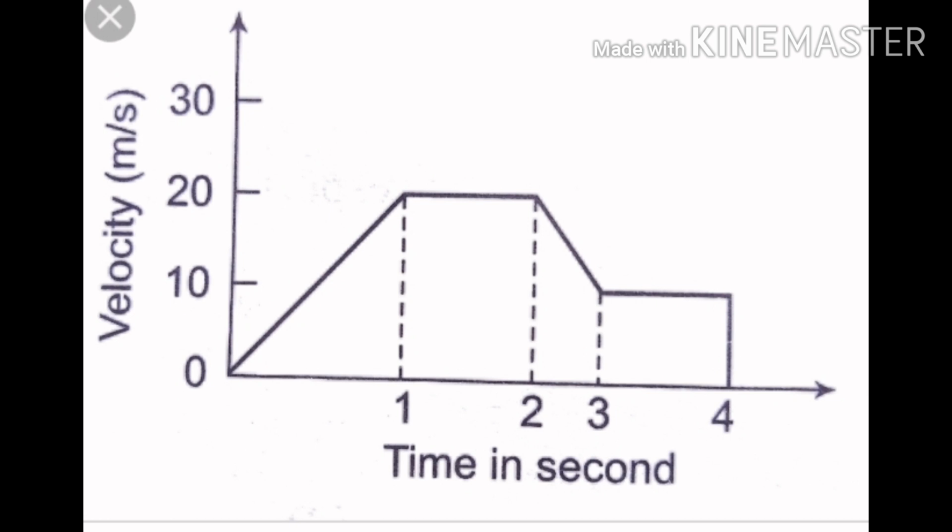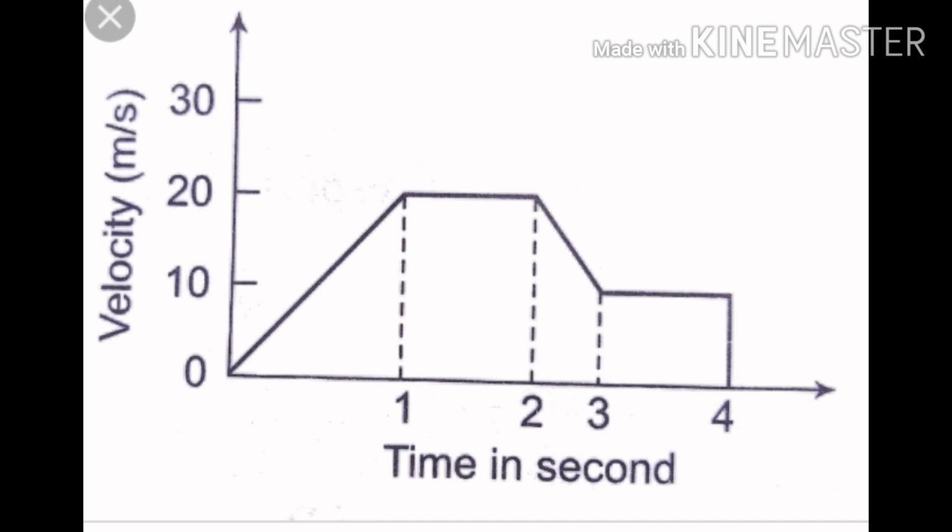A body is said to be moving with uniform velocity if it covers equal distances in equal intervals of time in a specified direction. A body is said to be moving with non-uniform velocity if it covers unequal distances in equal intervals of time and vice versa in a specified direction, or if it changes the direction of motion.